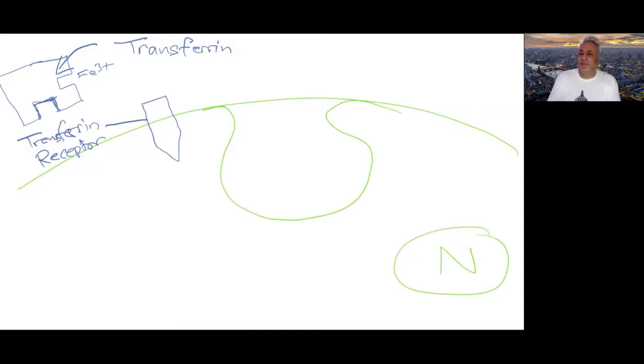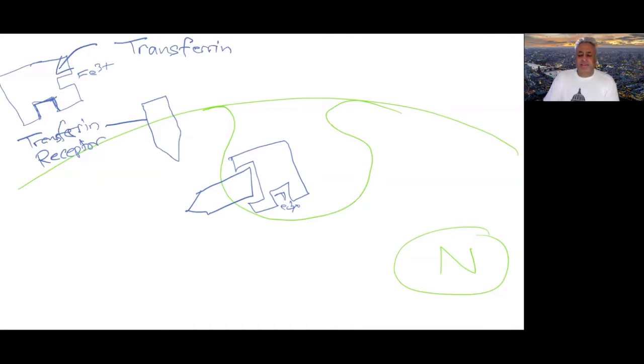So this is phagocytosis, right? So the protein ends up bound to its receptor like this, and then we have the iron sitting inside this invaginated pocket on the surface of the cell.